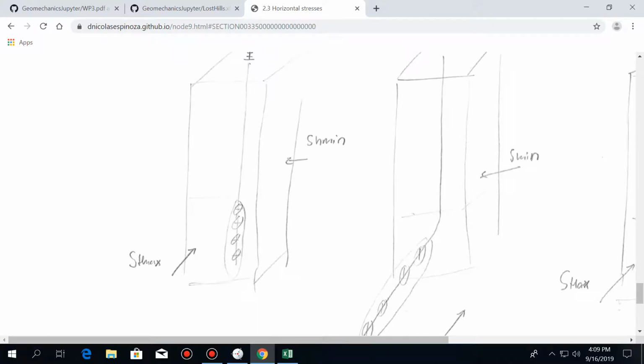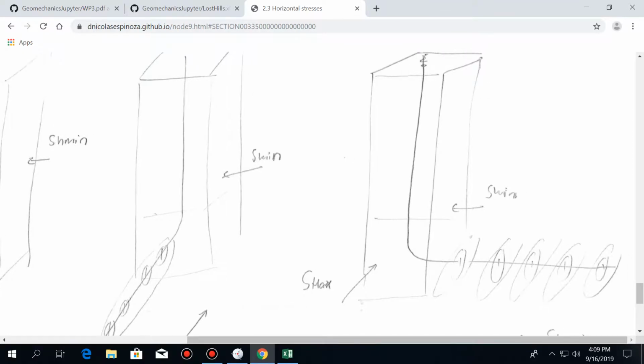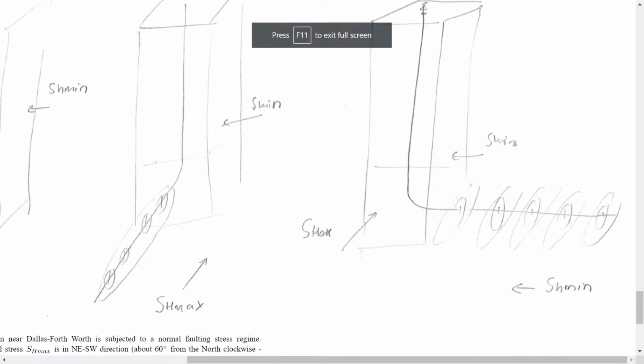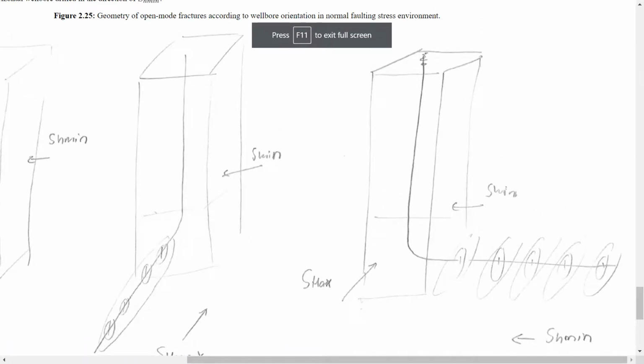If you compare the case with minimum horizontal stress going in this direction on the right, another fracture will tend to go perpendicular to the least principal stress, so those planes coming out from the screen, perpendicular and vertical.